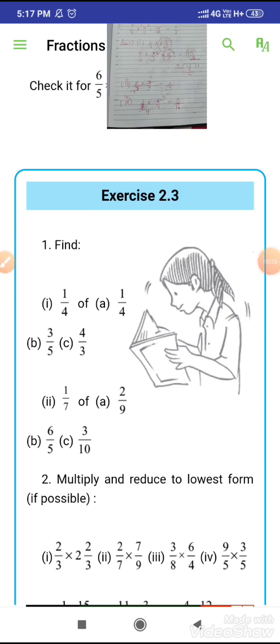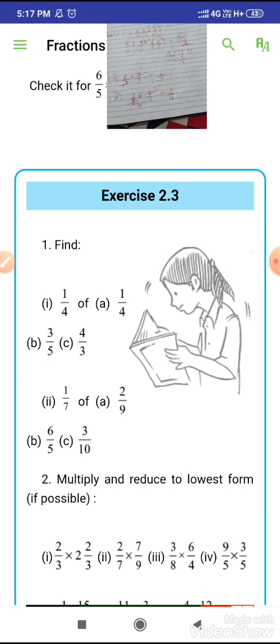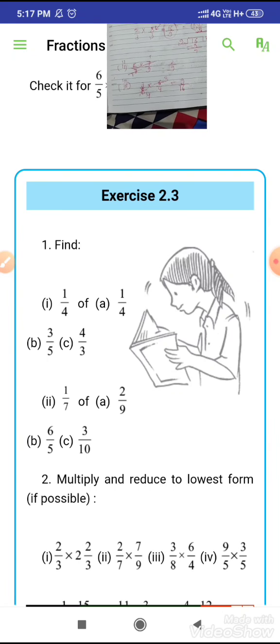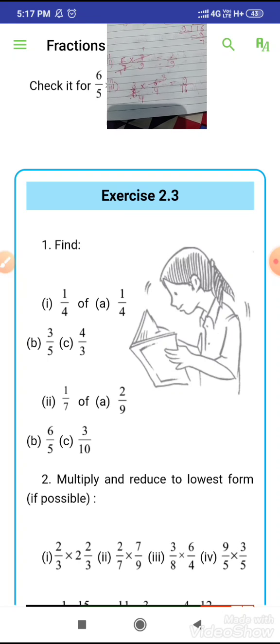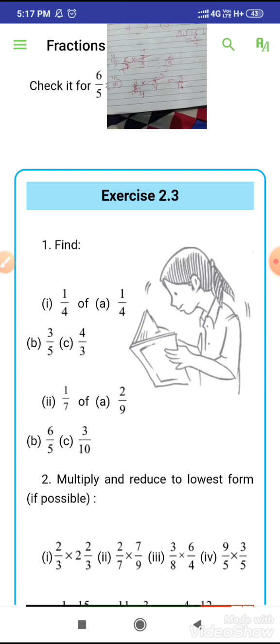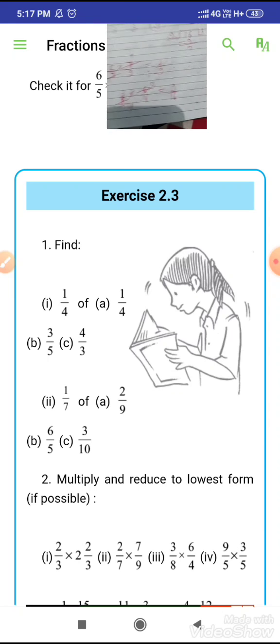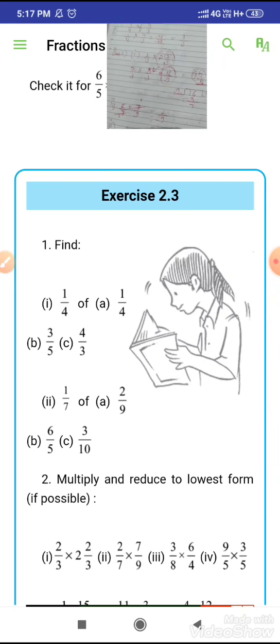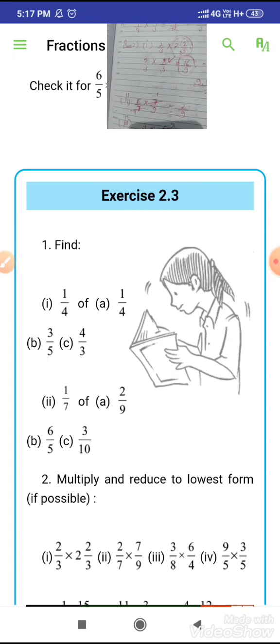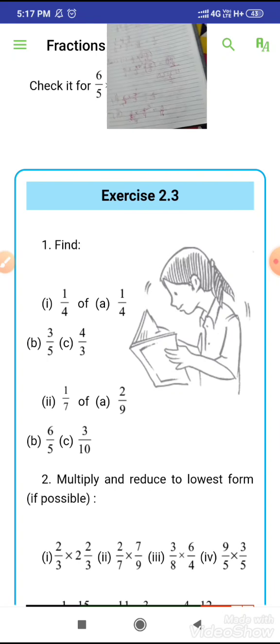As we all know, for multiplication we simply multiply numerator by numerator and denominator by denominator, but there is an alternate method for multiplying fractions, and for this we have to find the numbers in the numerator and in the denominator that appear in the same table.